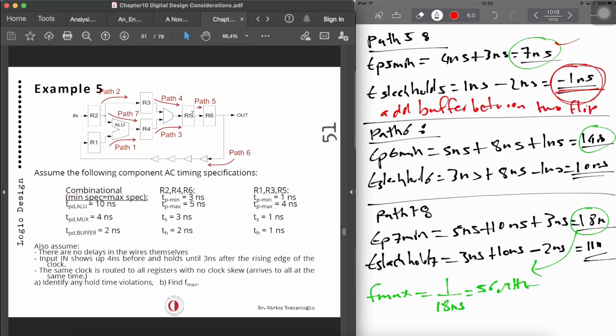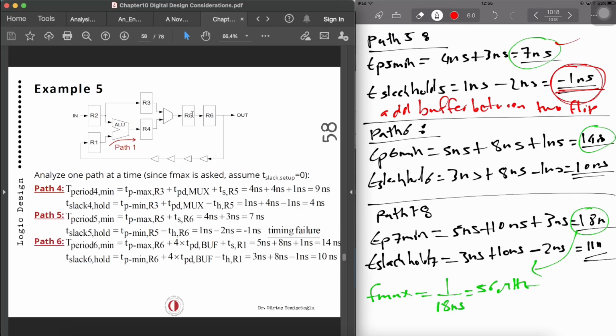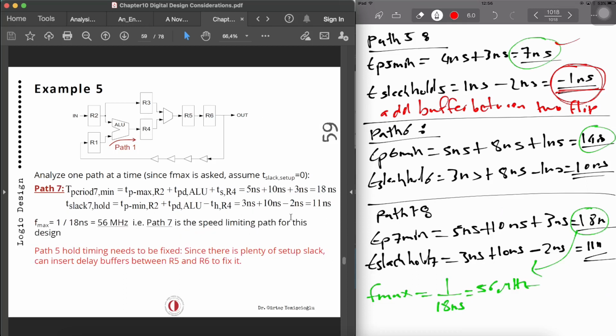It's going to be sorted because we are going to delay the data, then it won't be any problem. It will be fixed. You can see the solutions on the slides as well. Timing failure identified. Path 7 is the last one and it's the limiting one. So in order to fix the failure, we just add a buffer between these two, delay the data, and there won't be any problems.